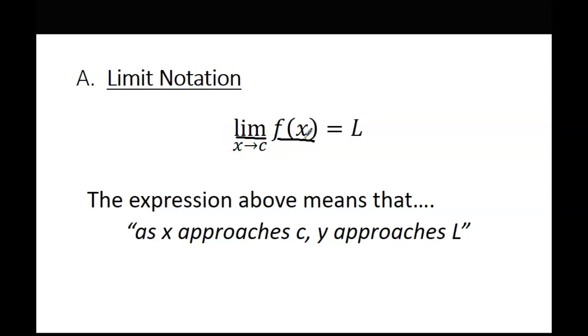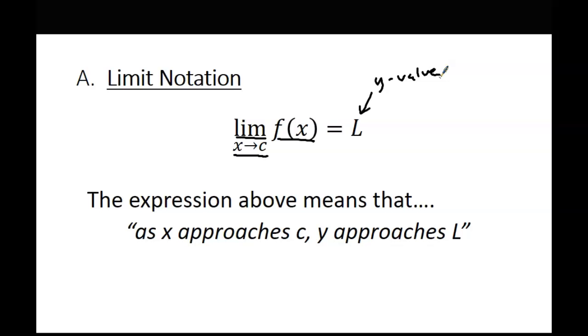That means we're approaching something. And here's where we put the x's. This tells us what our x is approaching. X is approaching some number. We'll call it c in this case. As the x value approaches c, the y value, that's the y value here, approaches L.